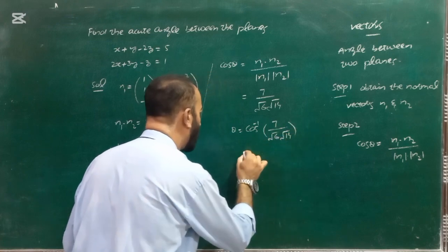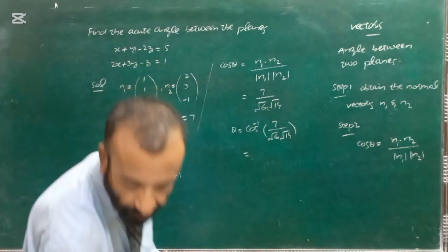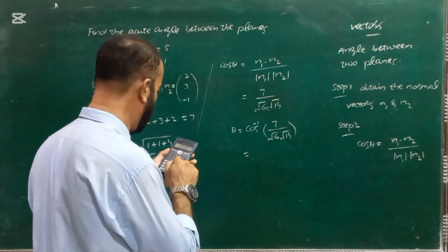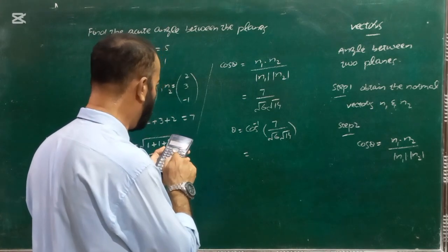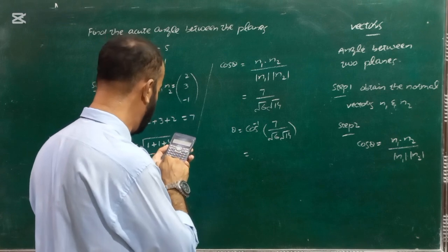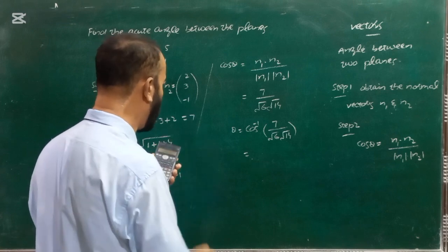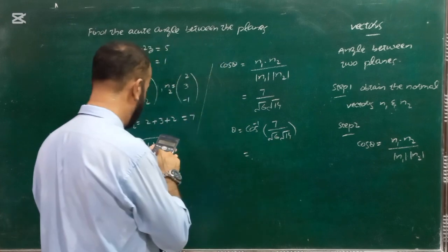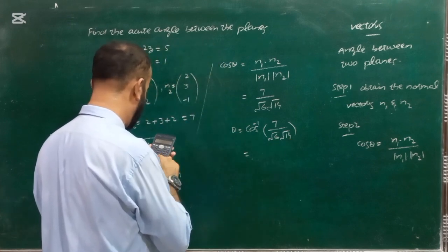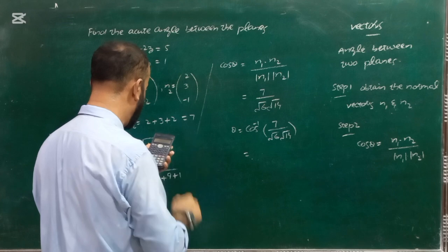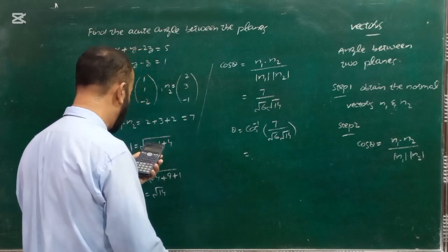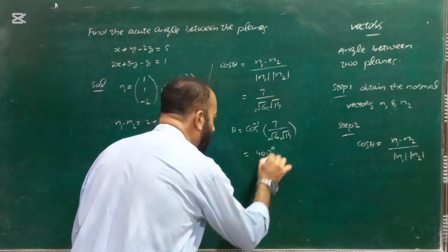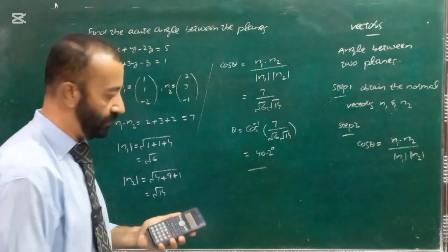Now we will solve it. Shift cos, bracket start, 7 divided by square root of 84, bracket close. So the answer is 40.20. This is the angle between the two planes.